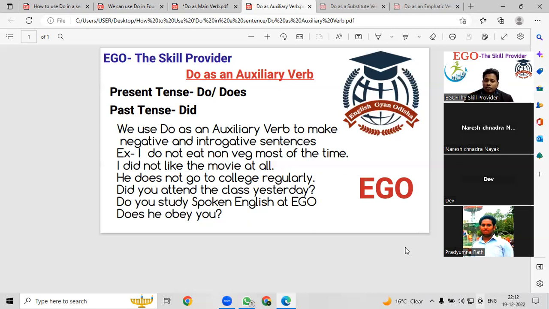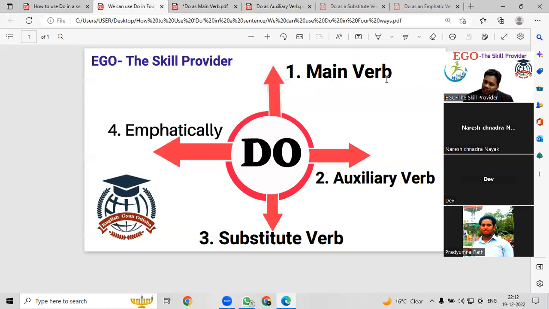So that is the function of do as an auxiliary. We have seen how it is used as a main verb in three situations, and then as an auxiliary verb, where we have just discussed.